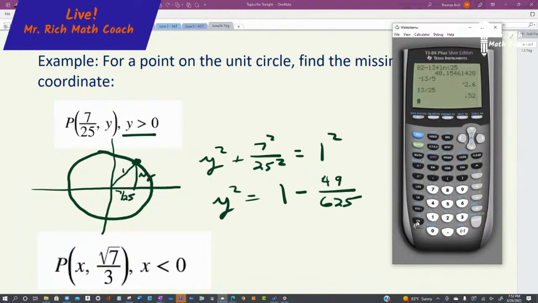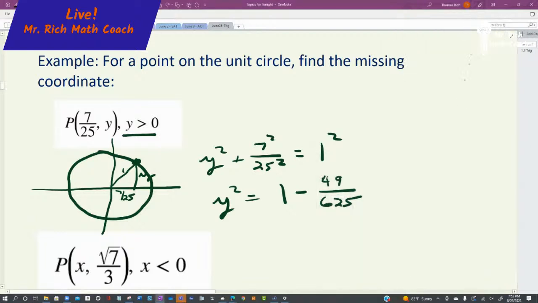Now I'm going to pull up my calculator here, and let's make sure that I've got that right. So we'll do 25 times 25. So that's going to be 625 over 625 minus 49 over 625.